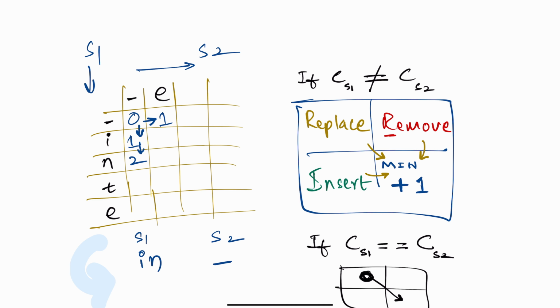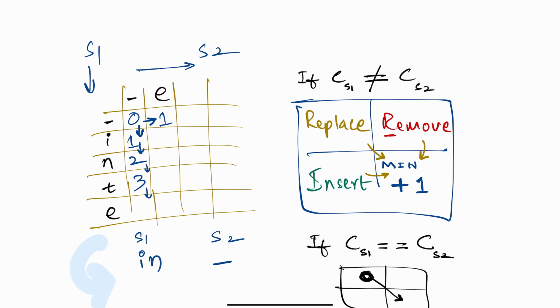In the same way, we proceed to convert this text into blank. Since we need to convert the complete text into blank, I will delete one character at a time. So this will be 2. I will delete T, it will be 3.